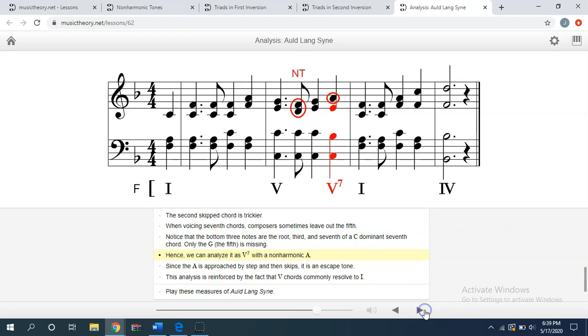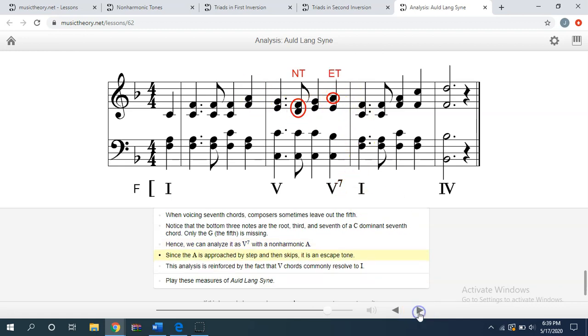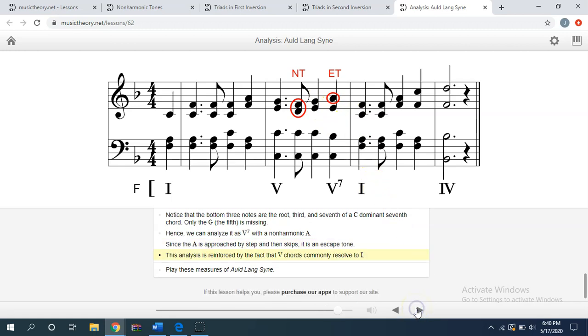But we can make it easy on ourselves and analyze that as a 5-7, a 7th chord with a non-harmonic A, meaning we have an A in there that doesn't match the chord. Since the A is approached by step and then skips, it's an escape tone. It goes G, A, down to F. That's an escape tone. We talked about that as well at the beginning of the video. And then this analysis is reinforced by the fact that 5 chords commonly resolve to 1. So 5 usually goes to 1.